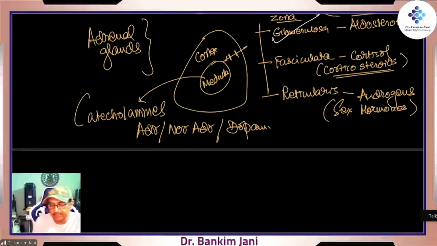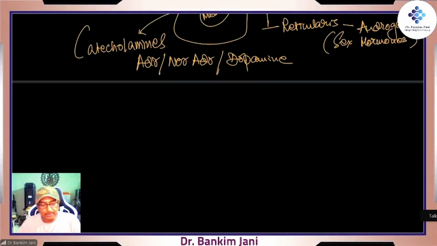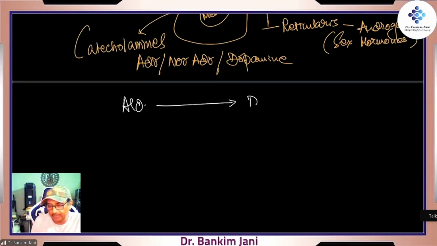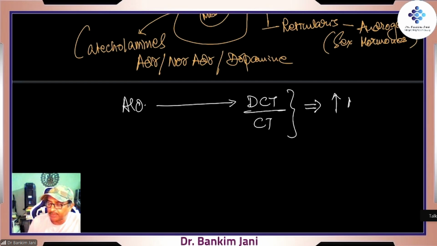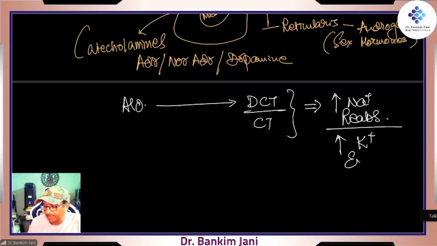You must have noticed that all of them are sympathetic stimulants. Correct? So talk about aldosterone. This aldosterone will be acting on the DCT, distal convoluted tubule, and the collecting tubules. It will lead to increased sodium reabsorption, right? And it will lead to increased potassium excretion.